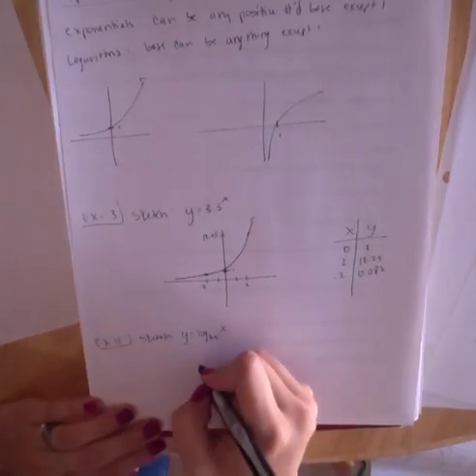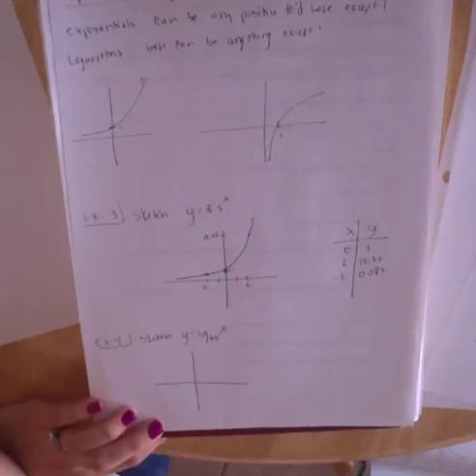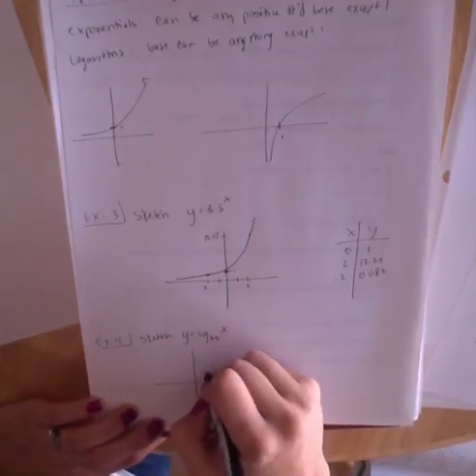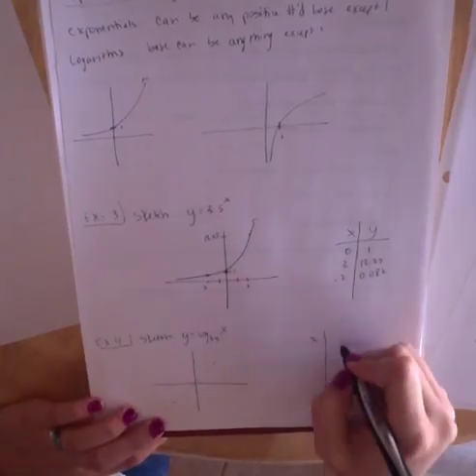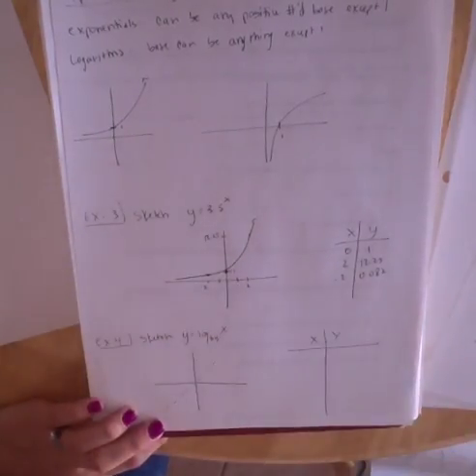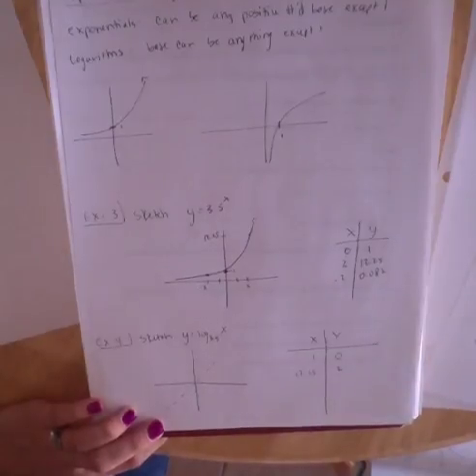Now, we know that the log of that same base, they are inverses reflected across this line. So what does that tell me for my log? I switch the x and the y's. So when x is 1, y is 0. When x is 12.25, y is 2.